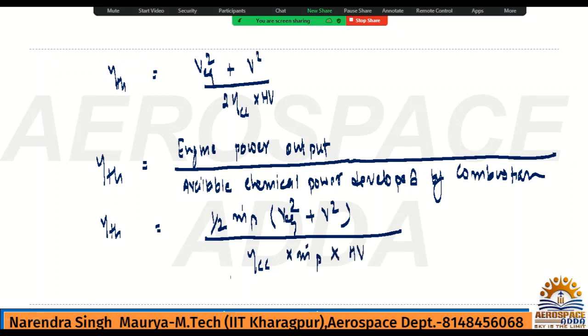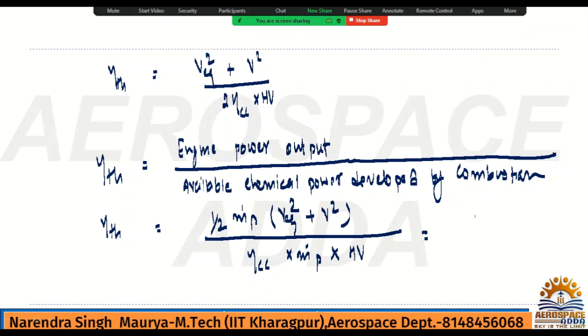All formulas you are now aware of, like what eta cc m dot p hv is. In the combustion chamber you had seen that available chemical energy. I had written many times that available chemical energy in the combustion chamber. So eta cc, in jet propulsion it was m dot f into hp, but in rocket propulsion it is m dot p, the mass flow rate of the propellant.